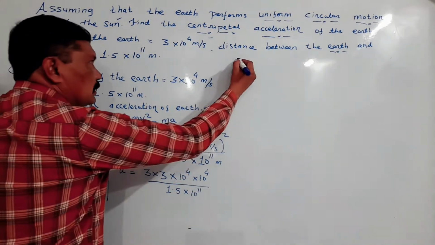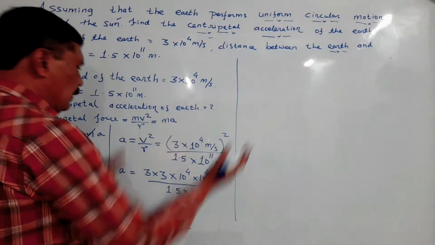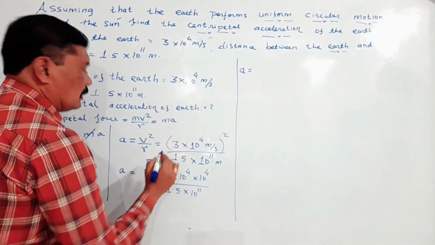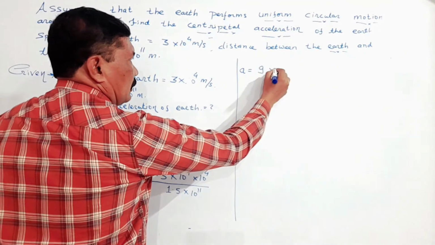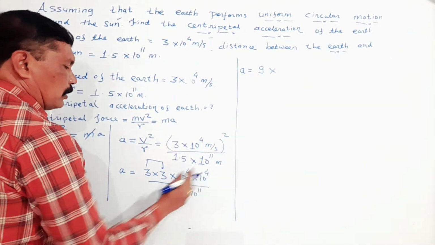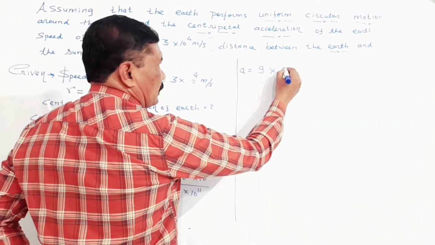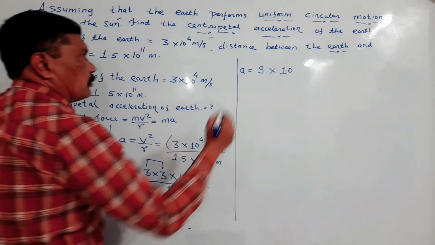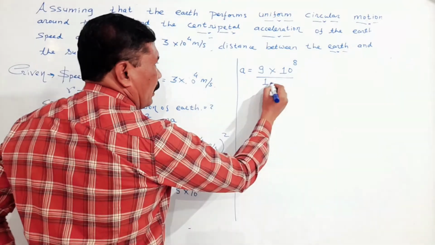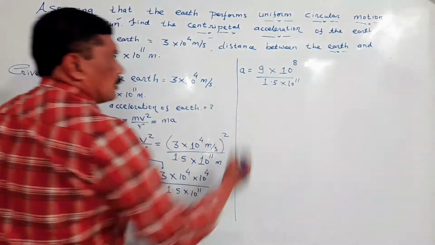Now my dear student, here we have put the value and removed the bracket. So a is equal to 3 3s are 9 into 10 to the power 4 plus 4, the powers we can add, so 10 to the power 8, divided by 1.5 into 10 to the power 11.